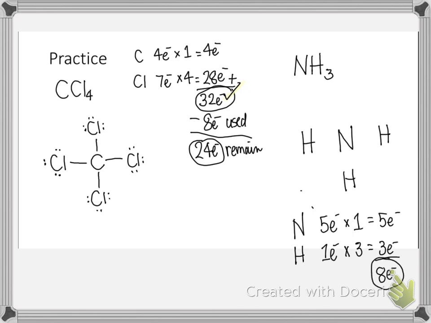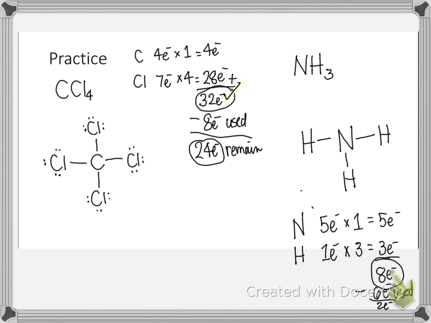So 8 total electrons. Then what I do is I draw single bonds to connect. That uses 6 electrons. And so I have 2 electrons remaining. Any remaining electrons, you have to complete your octets.